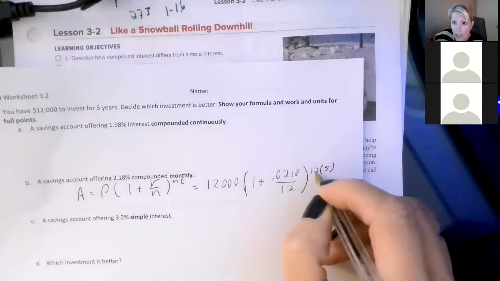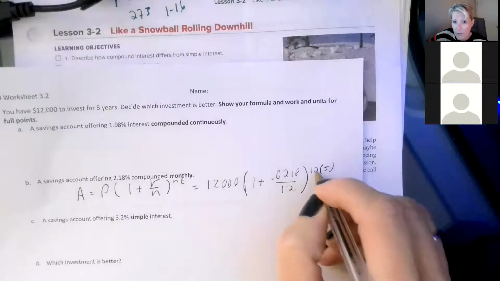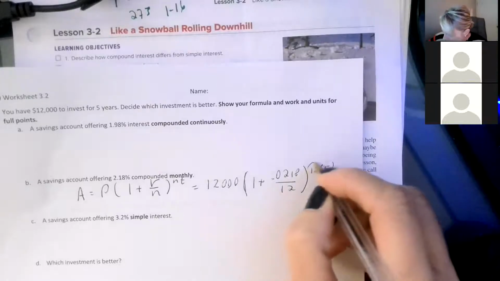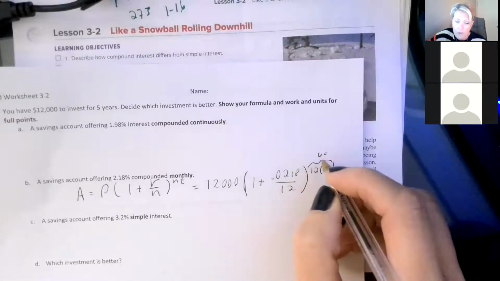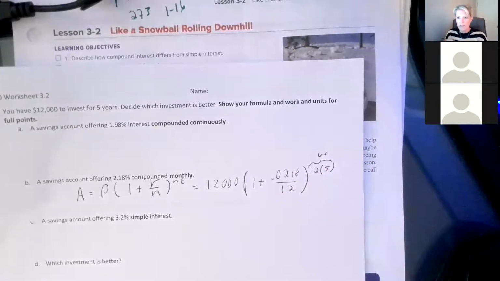So essentially we're getting interest 60 times, right? 12 times 5 is 60. So 60 times they're going to calculate the interest and give it to us and then start building again. Okay. Yep, that's it. Looks set up right to me. Okay. Thank you. Got it.